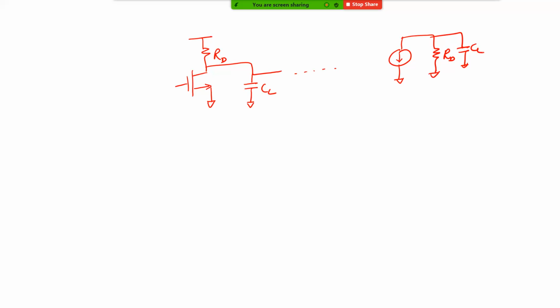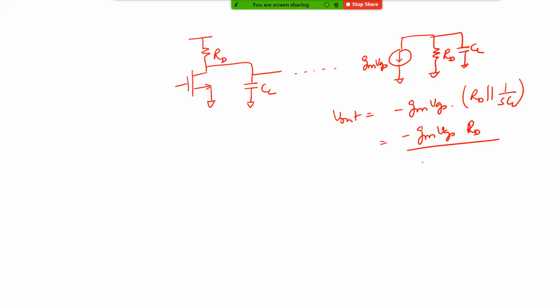So now what happens? Your Vout is nothing but minus GM VGS times RD parallel to 1 by SCL. If you evaluate this, you will have minus GM VGS RD divided by 1 plus S times RD CL.